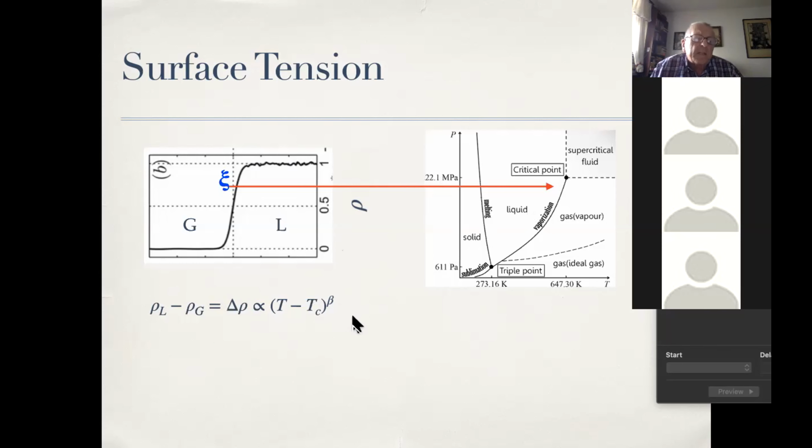And at the end of the 19th century, the Dutch physicist van der Waals had derived that expression, also showing that this is something like a hyperbolic tangent. And he derived the value of the exponent beta, and the exponent beta, according to van der Waals, was equal to 1/2.